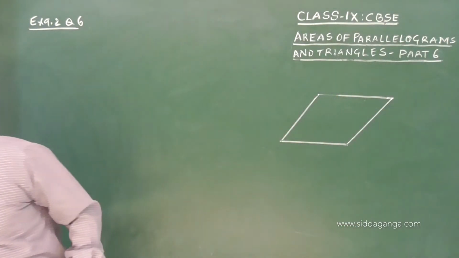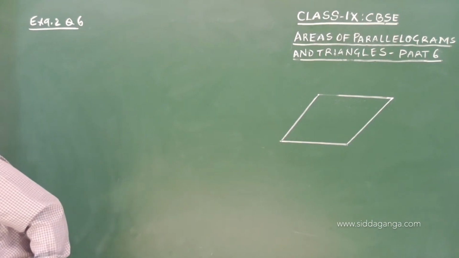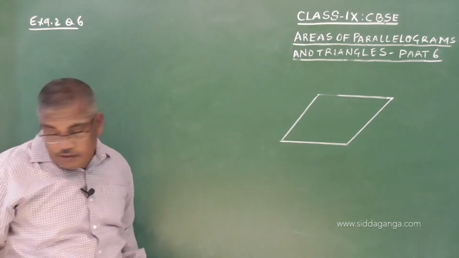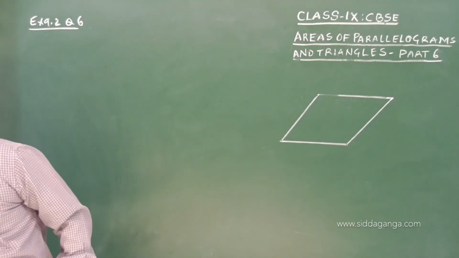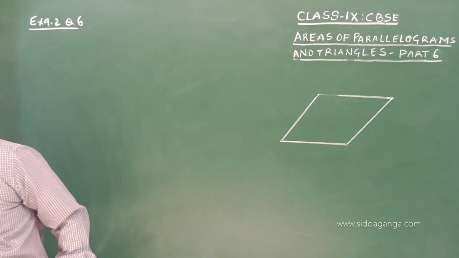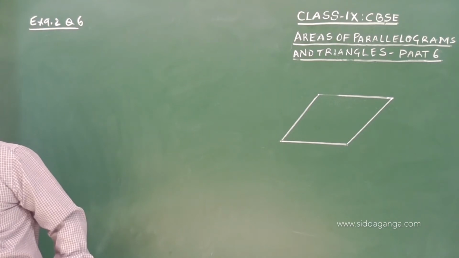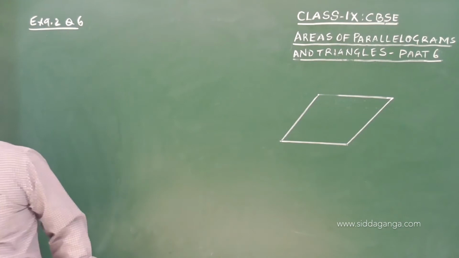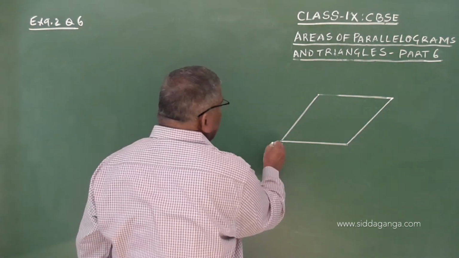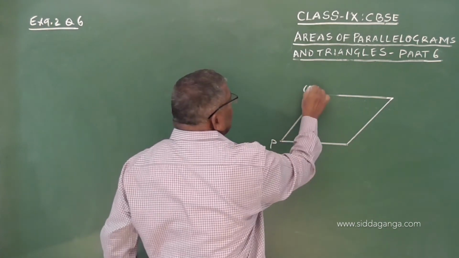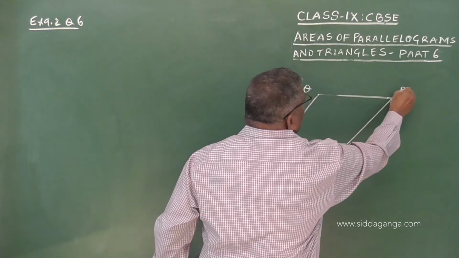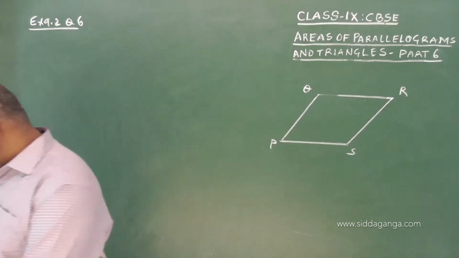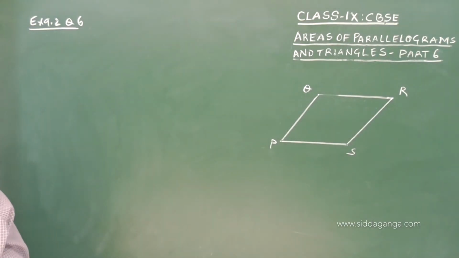Then what it says, she took any point A on RS. You can nominate anywhere, no problem. If I take P, Q in the clockwise, the question reads like this, PQRS.